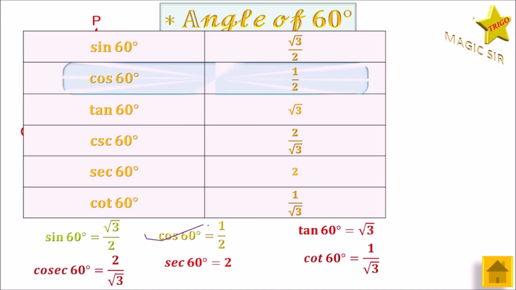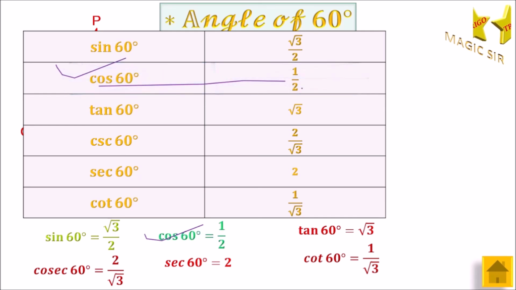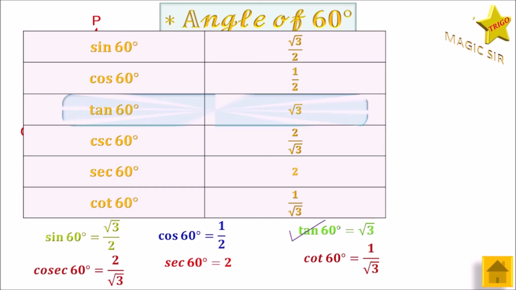See the animation in the second row of the table. Tan 60 degree equal to root 3. See the animation in the third row of the table.